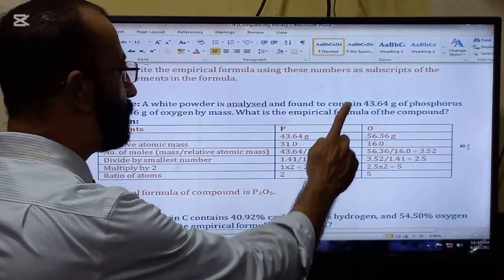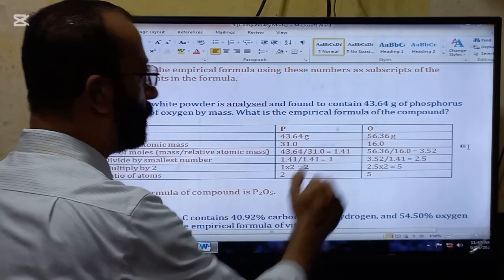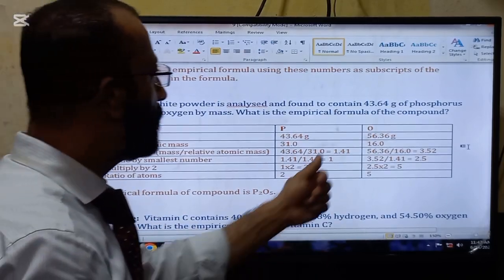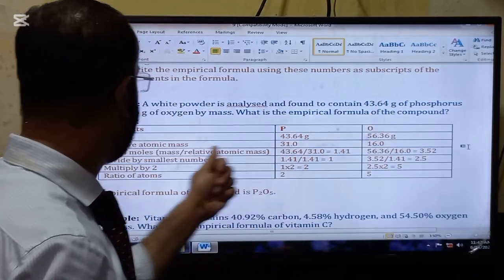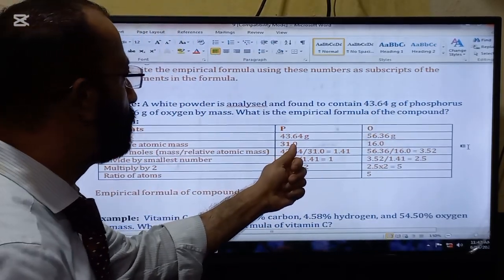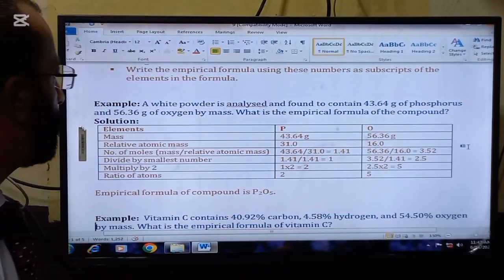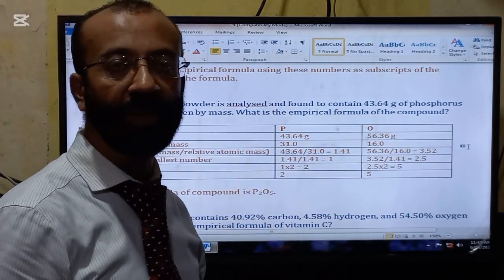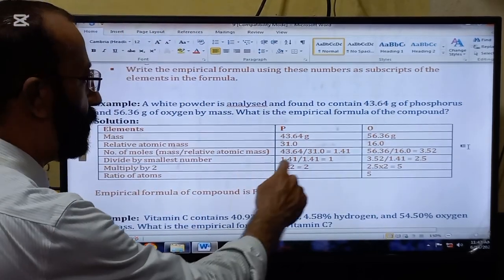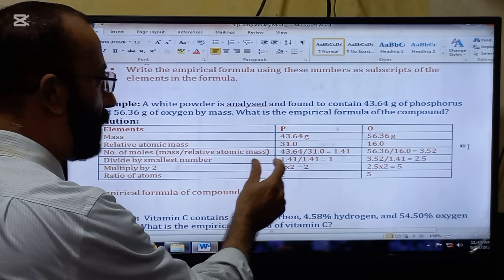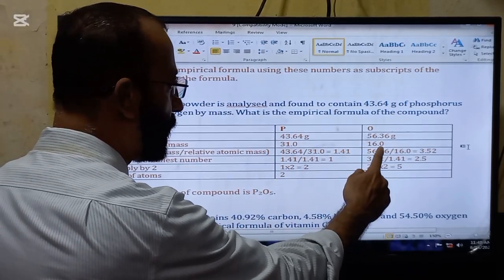It means phosphorus and oxygen are present there, so write P and O. Their masses are given: mass of phosphorus is 43.64 and of oxygen is 56.36. Next, use the periodic table to find the relative atomic masses of phosphorus and oxygen. The relative atomic mass is 31 for phosphorus and 16 for oxygen.